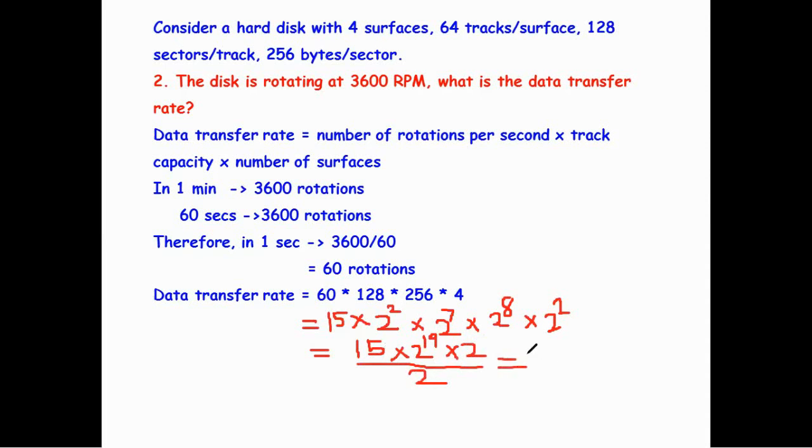This is equal to, when 15 is divided by 2, we get the value as 7.5 into 2 power 19 into 2 is nothing but 2 power 20. 2 power 20 is 1 MB. 1 MB into 7.5 is nothing but 7.5 MB. Therefore, data transfer rate is equal to 7.5 MB per second.